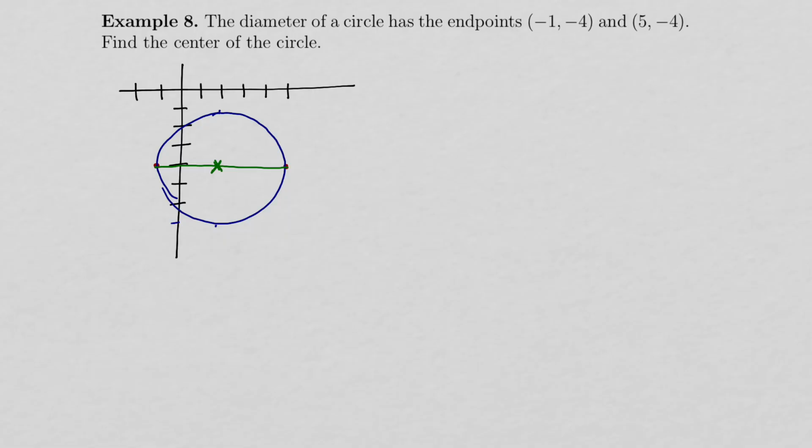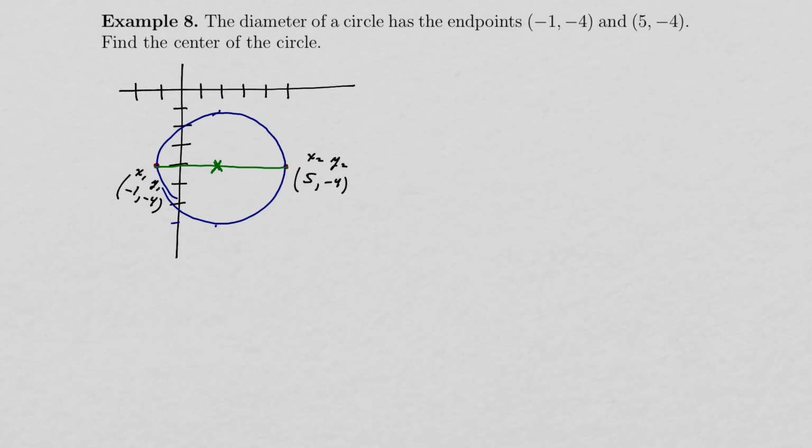Does that make sense? Because we know these two points, this is (-1, -4), I'll call it x1, y1. And this one is (5, -4), call it x2, y2. Then we can find the midpoint by using the midpoint formula, and that is going to be the center of the circle.